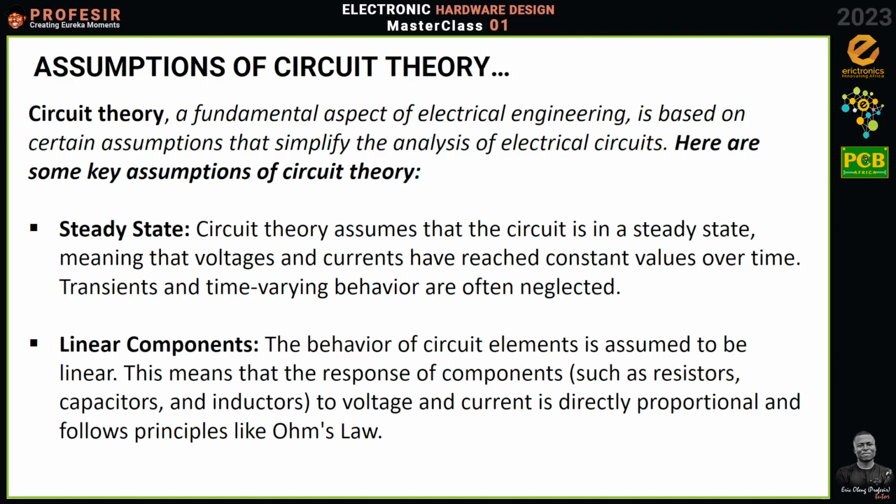Now, what are some of the assumptions that were made for circuit theory? The first one, I'm going to read out just a few of them, says that circuit theory assumes that the circuit is in a steady state, meaning that voltages and currents have reached constant values over time. Transient and time-varying behavior are often neglected.